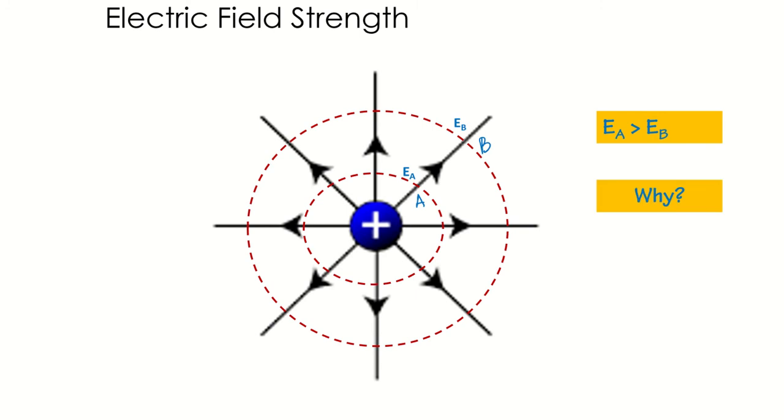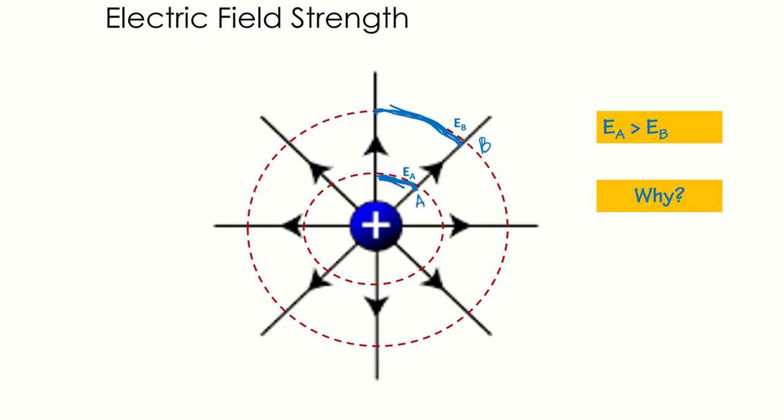But why is the strength different and why is the force different? The easiest way to understand is that at point A, you can see on this circle, the electric field lines are closer compared to at point B. Here they are further away and here they are closer.